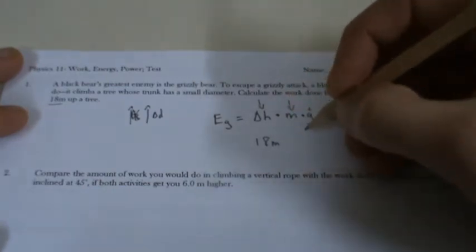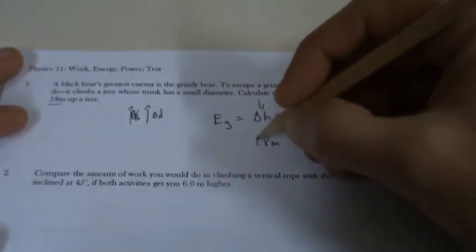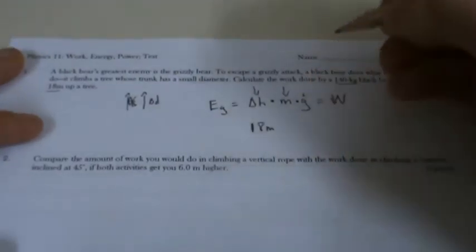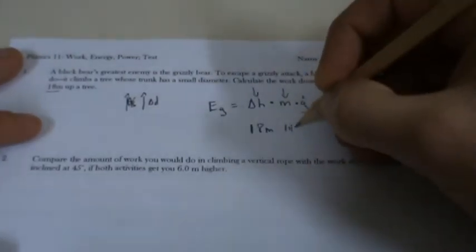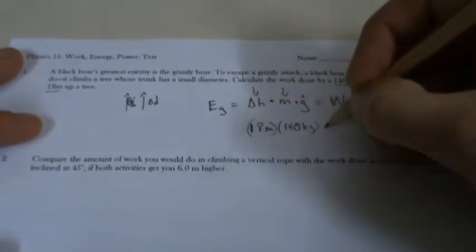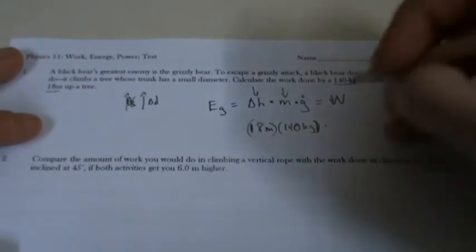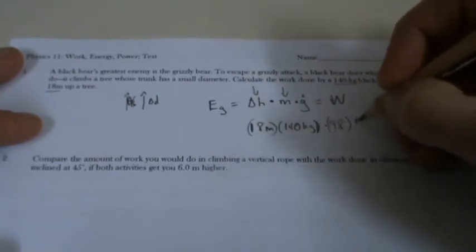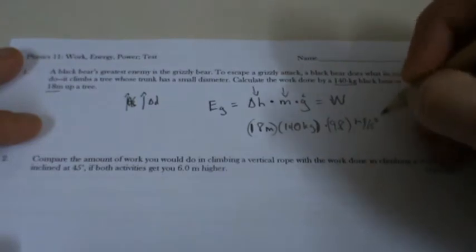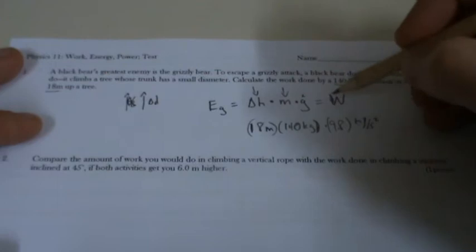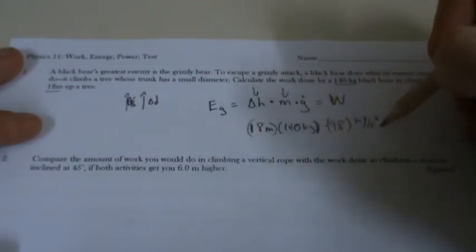So it's 18 meters, and it's only in the upward direction. 18 meters times 140 kilograms, times 9.8 meters per second squared, and you get joules, which is kilogram meters squared per second squared.